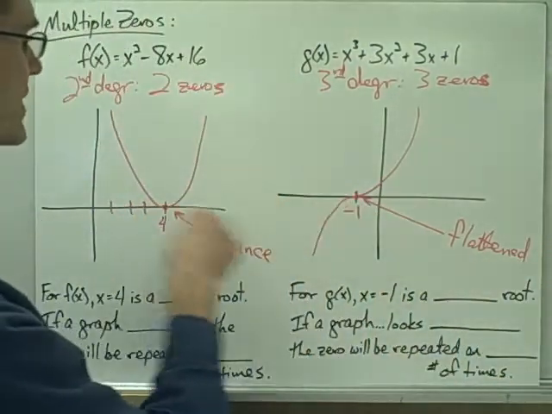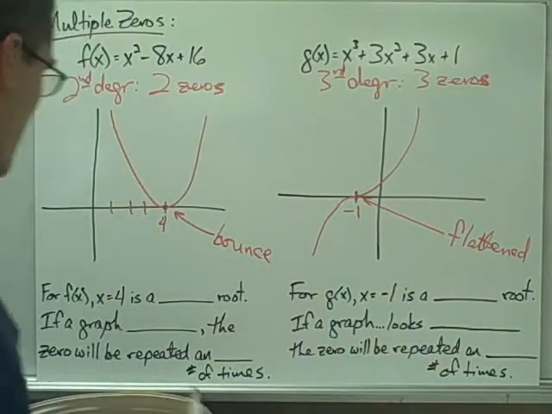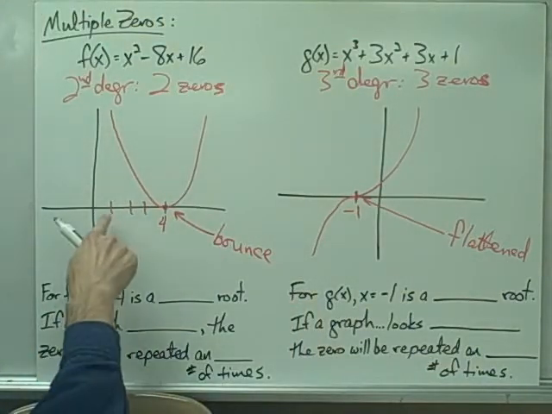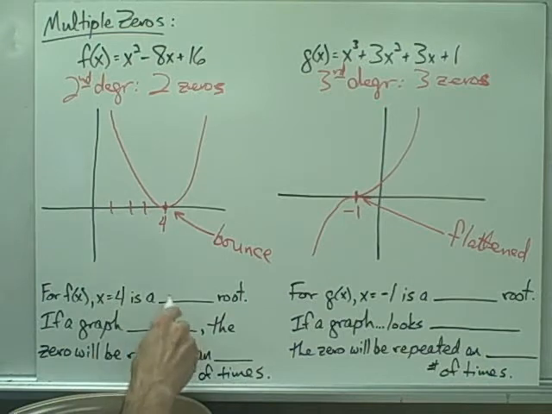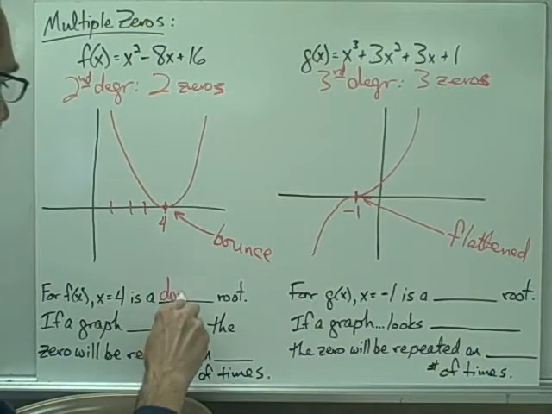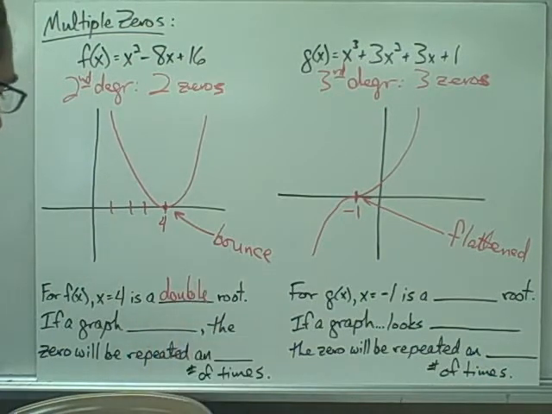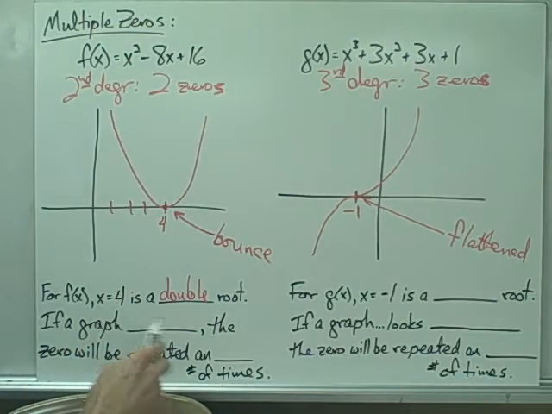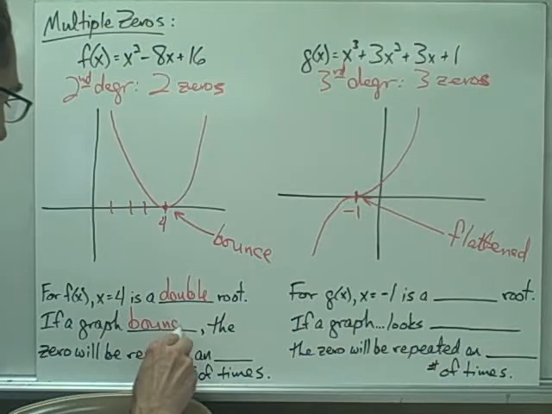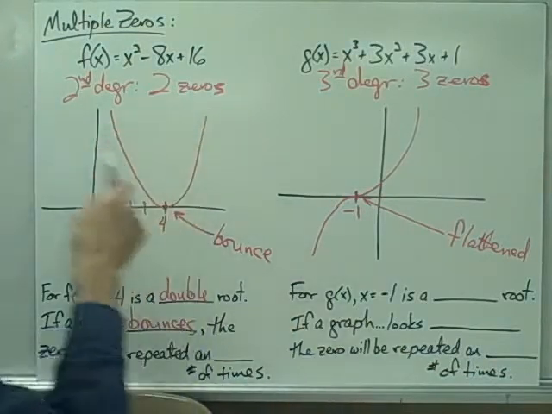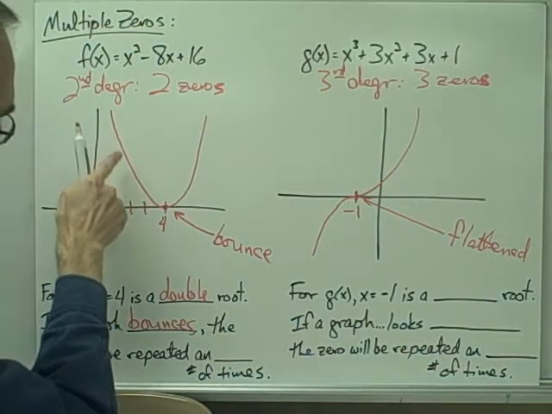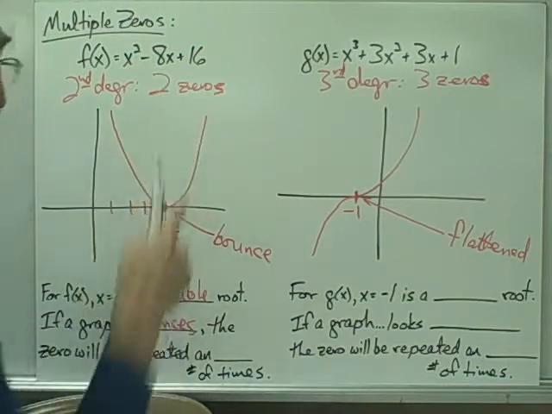These are characteristics of multiple zeros. For f of x, this point right here where x equals 4 is called a double root. And in particular, if a graph bounces off of the x-axis, you can see the graph kind of comes down here and it looks like it hits the x-axis and bounces off.